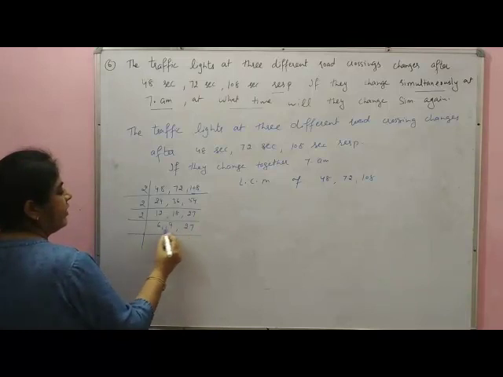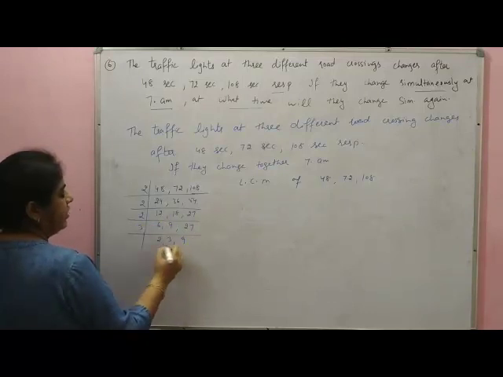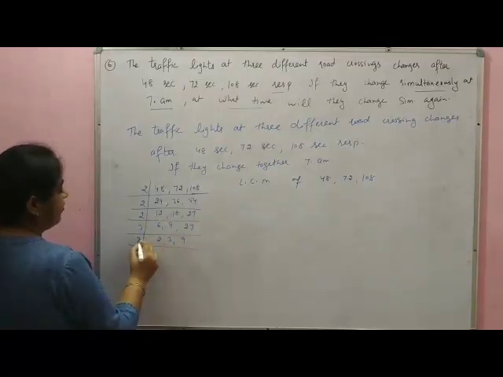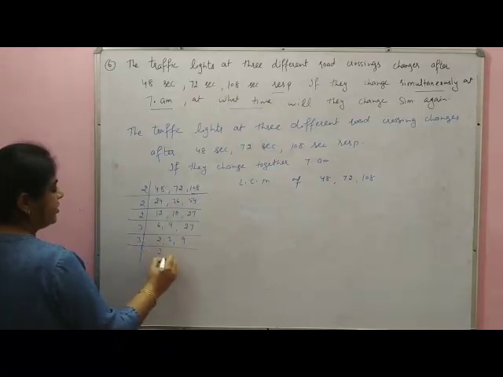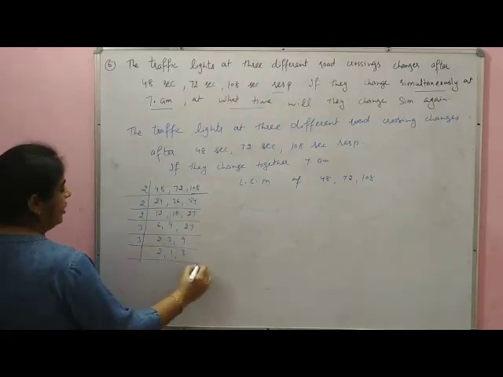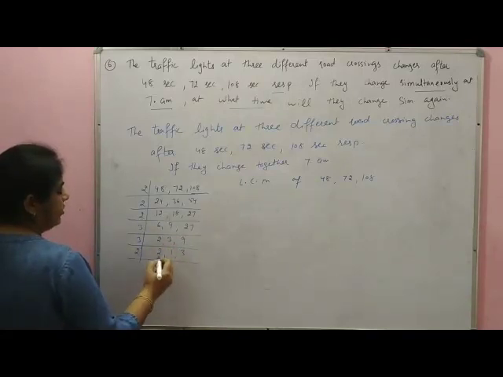Now all are coming in the table of 3: 2, 3, 9. Now these two are coming in the table of 3, so keep 2 as it is. 3 divided by 3 is 1, 9 divided by 3 is 3: 2, 1, 3, keeping 2 as it is.